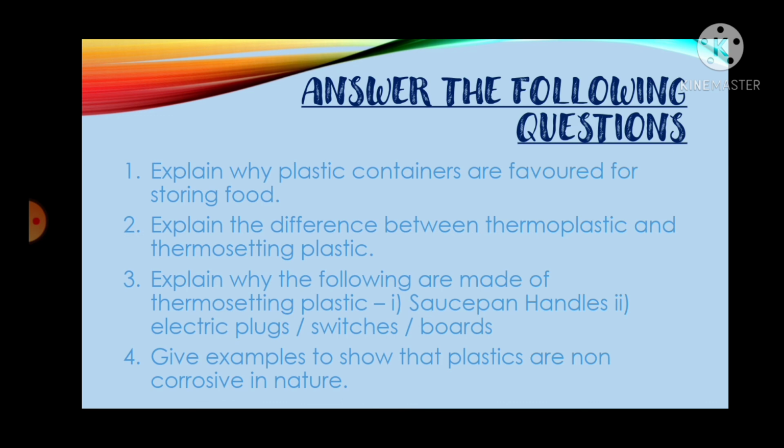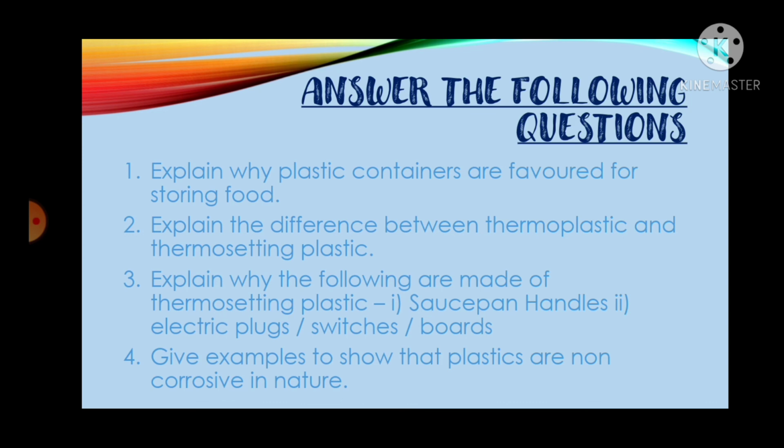Why thermosetting plastic is used for making electric plugs, switches, boards, etc. So electric plugs, switches and plug boards are made up of thermosetting plastic, bakelite, because it is a poor conductor of heat and electricity. It does not allow electric current to pass through it and does not get softened due to heating effect of electric current. Thus it is safe in using it in electrical appliances.